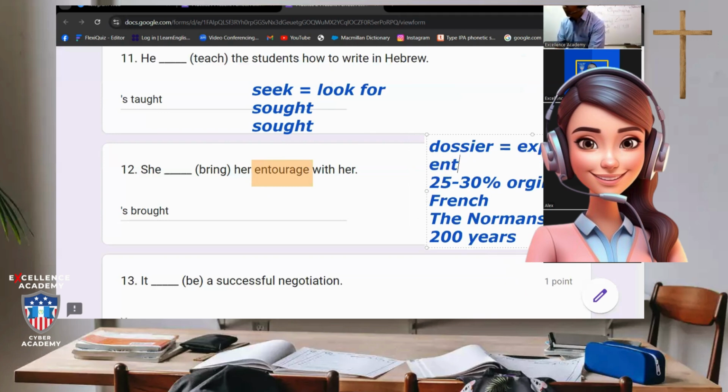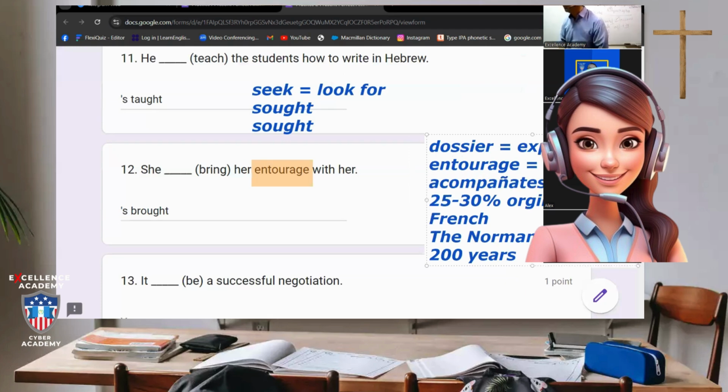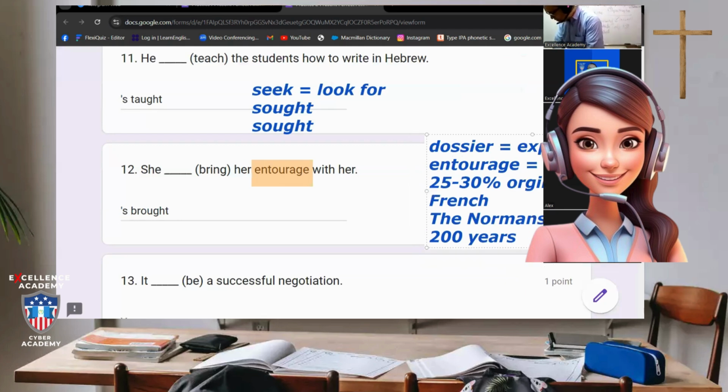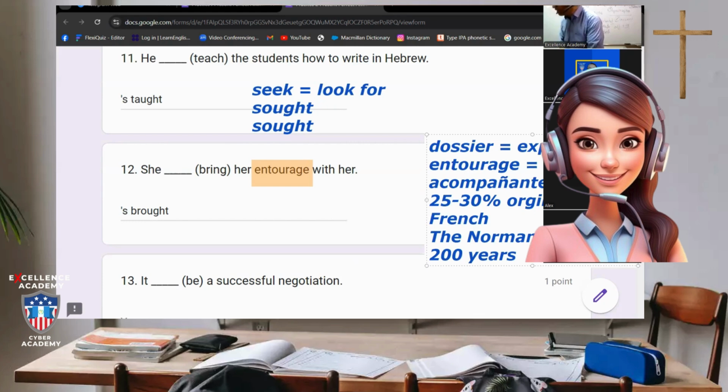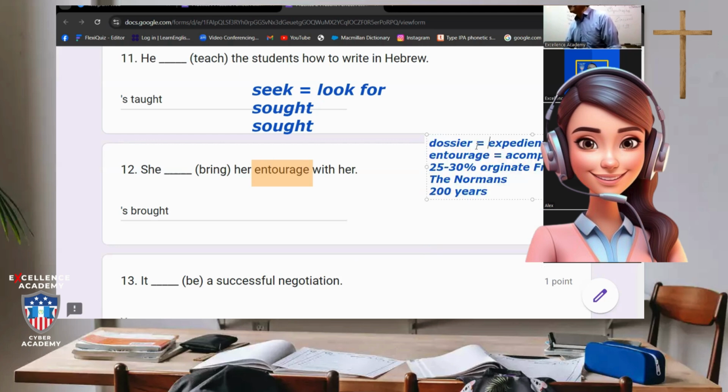So entourage means acompañantes. So imagine the ambassador of Argentina coming to Guatemala. She's not going to come alone. She's going to come with her secretary, her first assistant, her second assistant, maybe her lawyer. So all those people that come with her are the entourage, or like we say in Spanish, acompañantes.